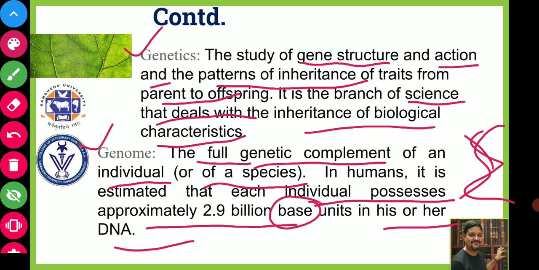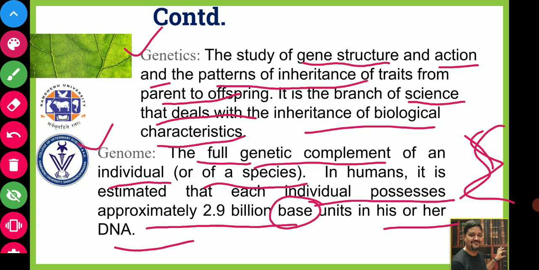The information is stored in these bases, in their arrangement and their sequences. So in a human being, there are approximately 2.9 billion base units. Similarly, it may vary in other organisms and species, but the difference is not that much, though there are still differences.